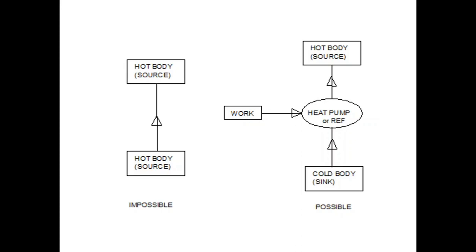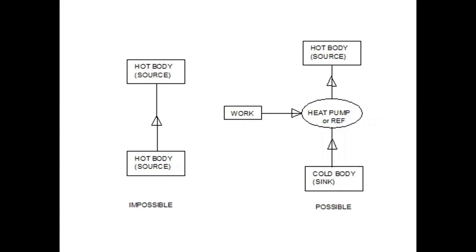The heat pump maintains the temperature of the system higher than the atmosphere, higher than the surroundings. So there should be a temperature difference. In case of normal heat transfer, the heat always flows from the higher gradient to the lower gradient. But in case of a refrigerator or heat pump, what are we doing?